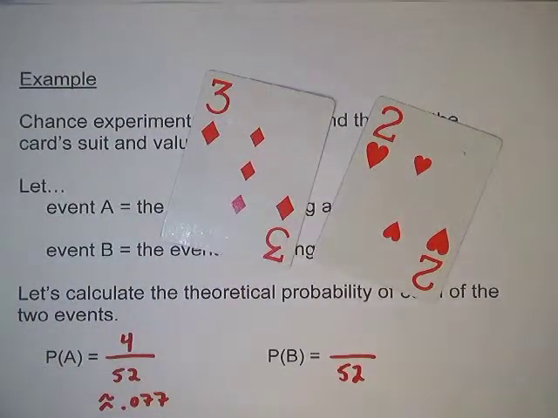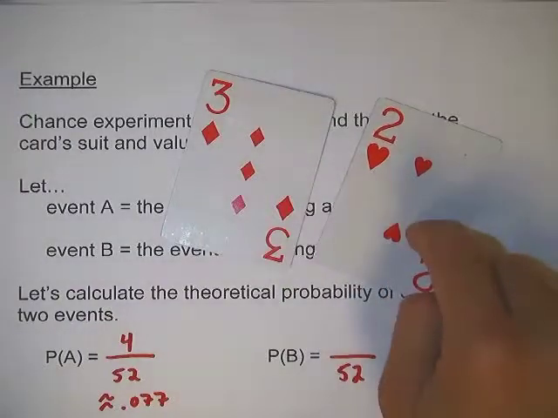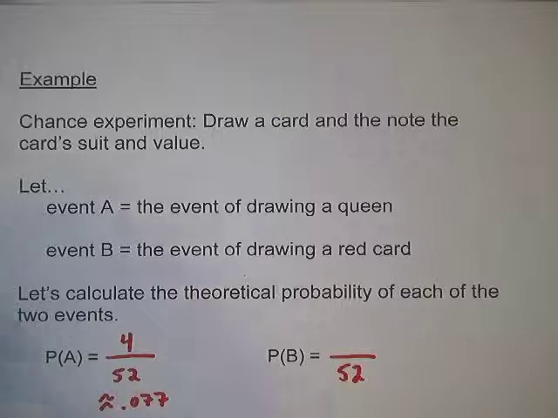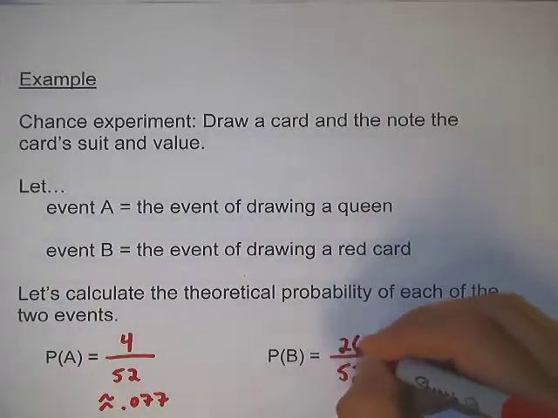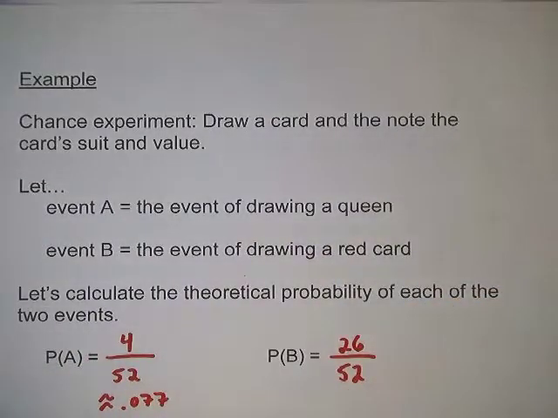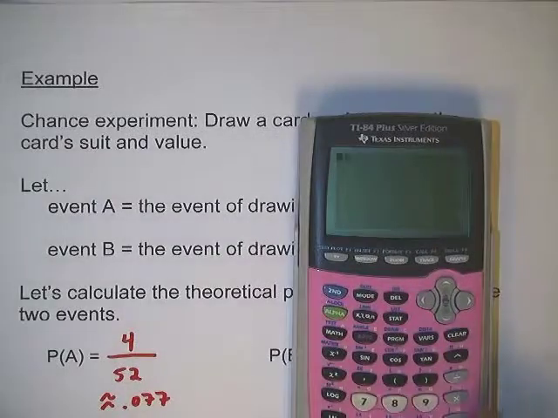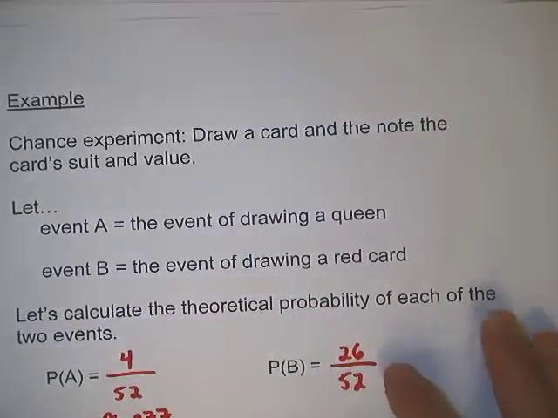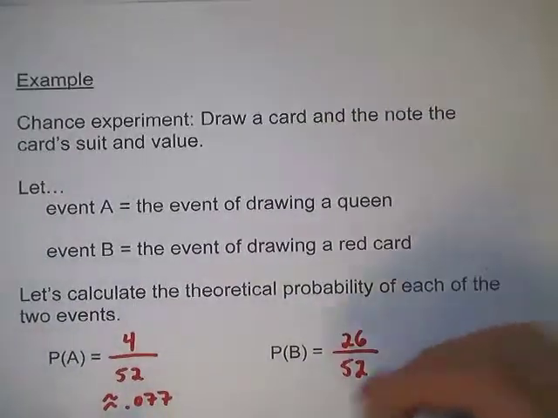There are 13 cards per suit, so there are 13 hearts and 13 diamonds in each deck. That's a total of 26 out of the 52, which of course is half of the deck. If we divide that, we do get 0.5. So we have a 50% chance of drawing a red card.